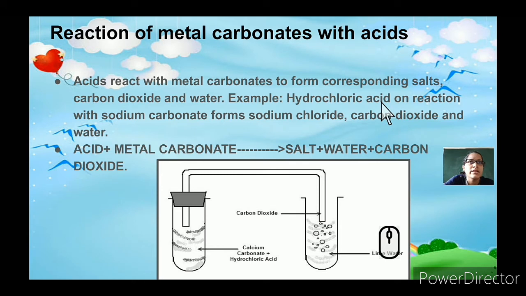Previously we saw that to test for hydrogen gas, you bring a lighted candle near it and hear a pop sound. But how do we know the presence of carbon dioxide? Here calcium carbonate and hydrochloric acid have been taken, and carbon dioxide is released, and in another test tube you have taken lime water.